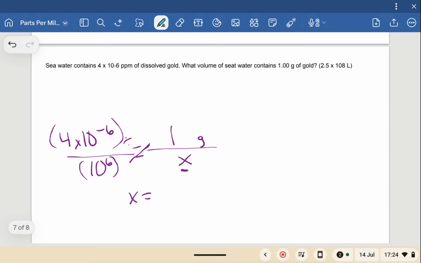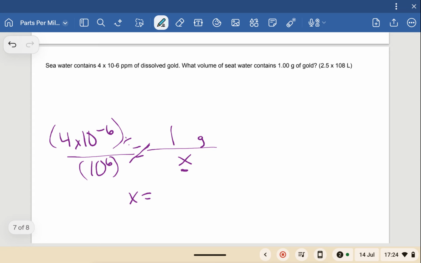And when you do that, I'm just going to do that quickly on my phone here, or calculator. So you'll have 1 times 10 to the power of 6, and then divided by, again, make sure you have brackets here, 4 times 10 to the negative 6. I did something wrong.